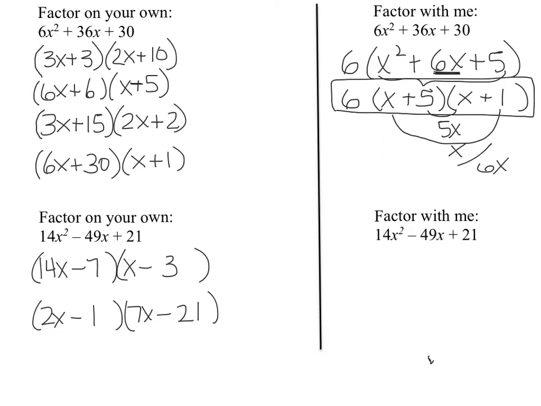Now, if you wanted to check this problem to see if you were right, we actually did 2 steps. So it's going to be 2 steps to get back to my answer, right? If I did FOIL with this whole thing right here, x times x is x squared, x times 1 is x, 5 times x is 5x, that gives me the 6x, 5 times 1 is 5.